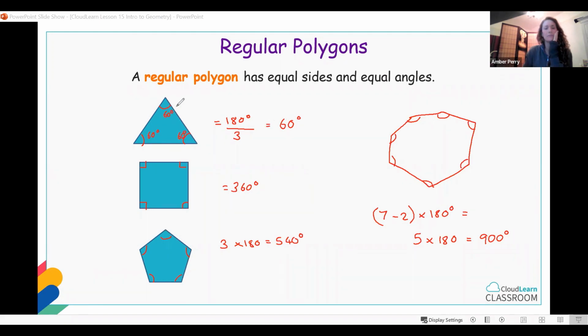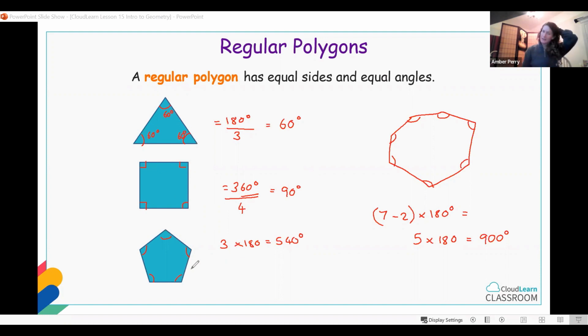Okay. In a regular quadrilateral, and a regular quadrilateral is just a square because it has equal sides and equal angles, then we've got 4 angles, and the sum of them is 360. So to get each individual angle, we divide that by 4. So 360 degrees divided by 4 is 90.